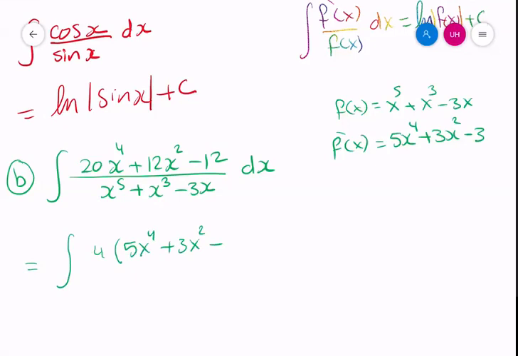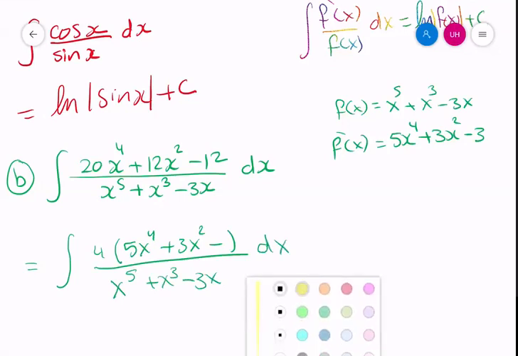Did I have any mistake here? Hopefully not. Over x to the power 5 plus x to the power 3 minus 3x dx. So now, as you can see here, we have 4 lots of this.